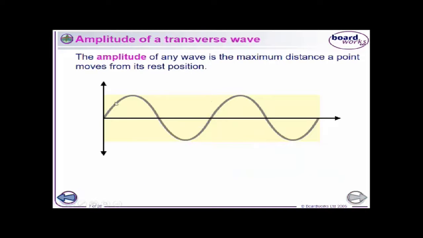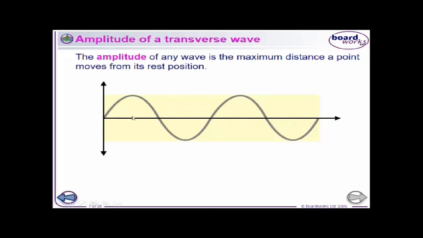The amplitude of the wave is how high it is, but we need to remember that if there's no wave, the water or the substance the wave is travelling through, which we call the medium, would be here on the x-axis.